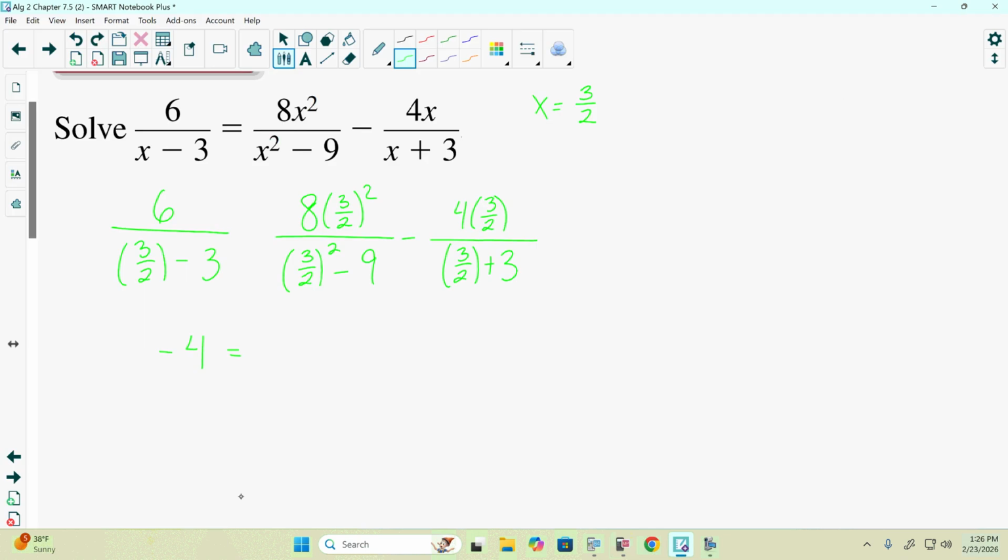And it tells us that it is also negative 4. And since both sides have the exact same value, it tells us that 3 halves is the correct answer.